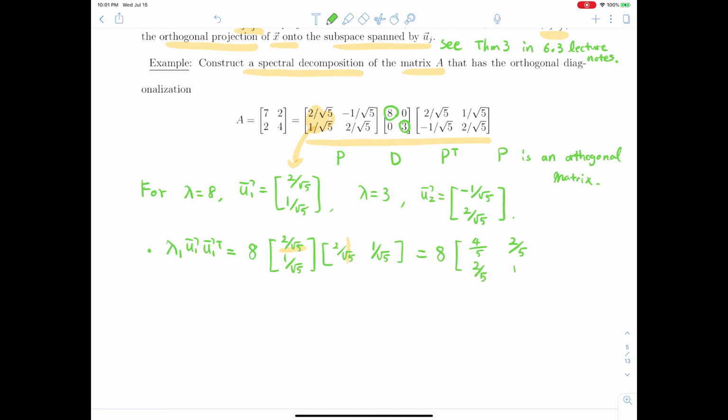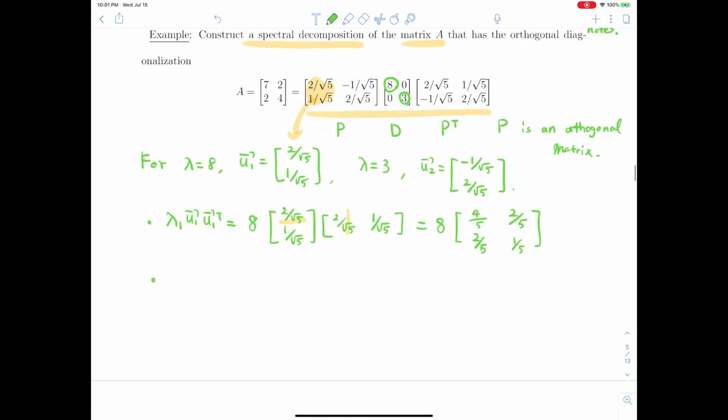And the last one is 1/5. And at the same time, lambda 2 u2 times u2 transpose equals 3 times negative 1 over square root of 5, 2 over square root of 5, multiplied to negative 1 over square root of 5, 2 over square root of 5. And this equals 3 times 1/5, negative 2/5, negative 2/5, and 4/5.